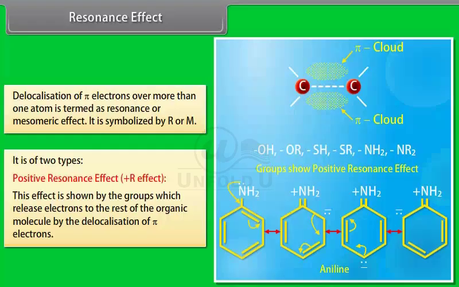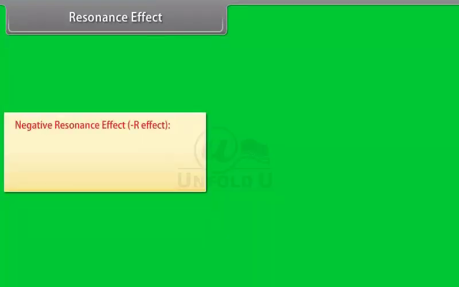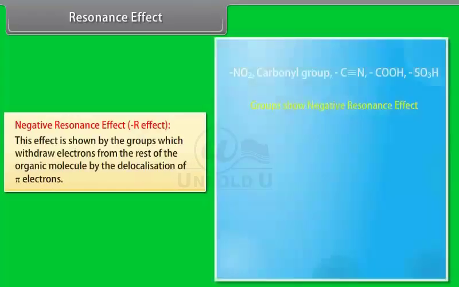For example, aniline. Negative resonance effect, negative R effect: this effect is shown by the groups which withdraw electrons from the rest of the organic molecules by delocalization of pi electrons. For example, nitrobenzene.